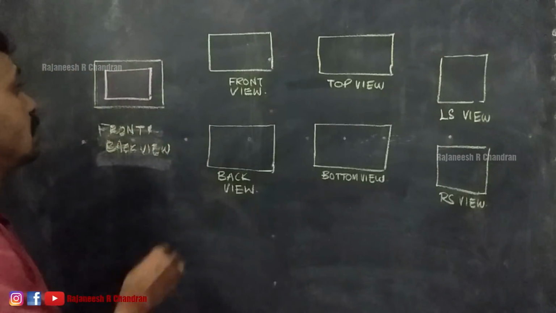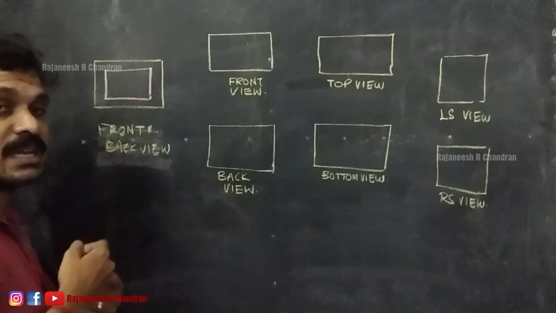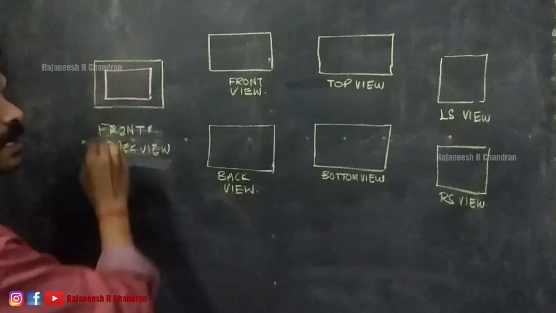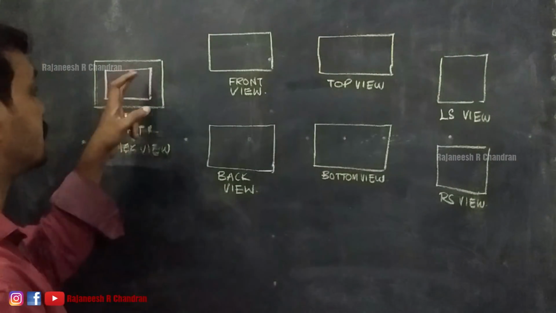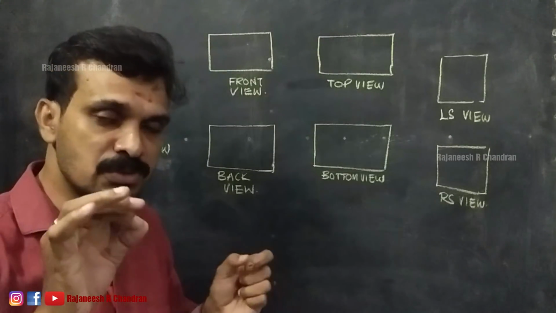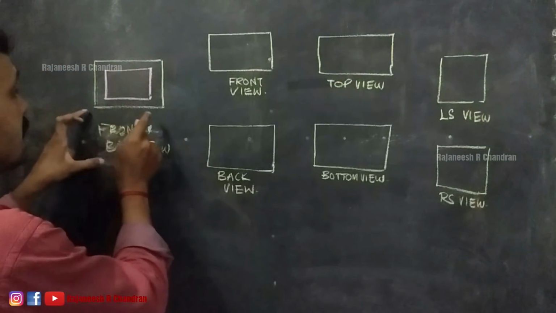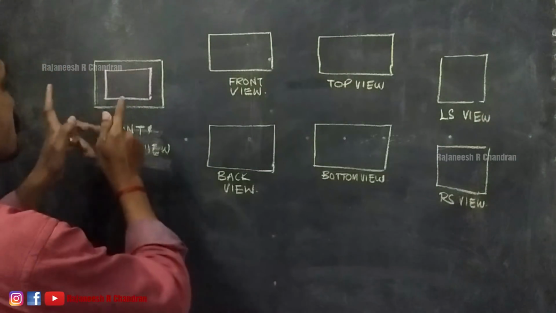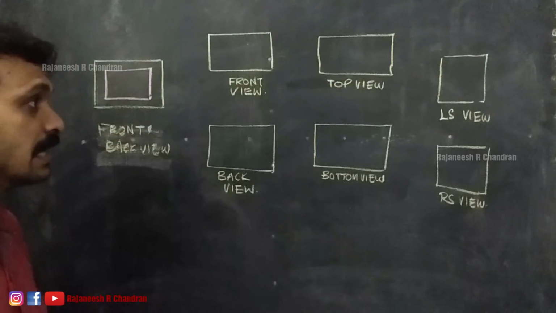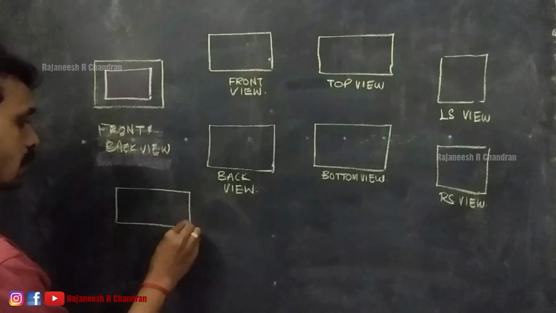So, if we draw with a thick line, we can say that it is a front view or it is a border. And if this is a dotted line, we can say that this is an invisible edge. Okay, that we will study later. You just remember these things, so that by utilizing different types of lines, we can combine this front and back view together. Similarly, we can combine this top and front view together.